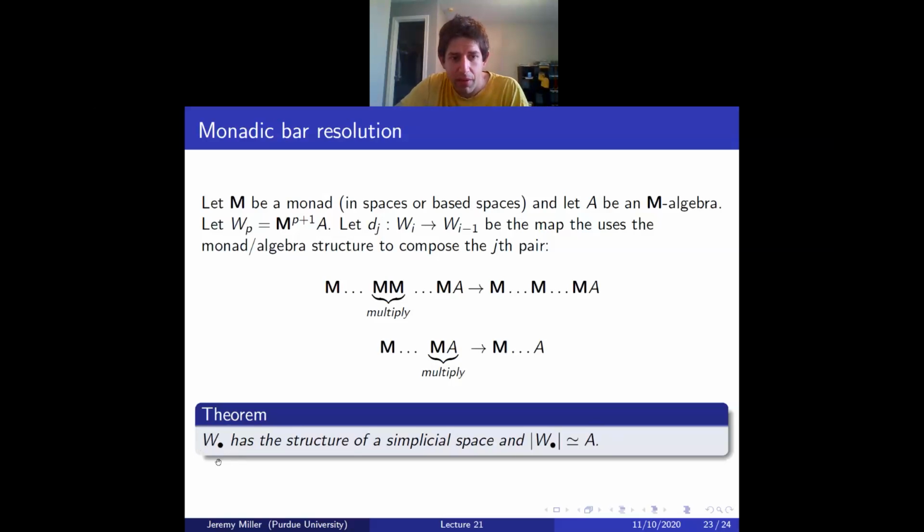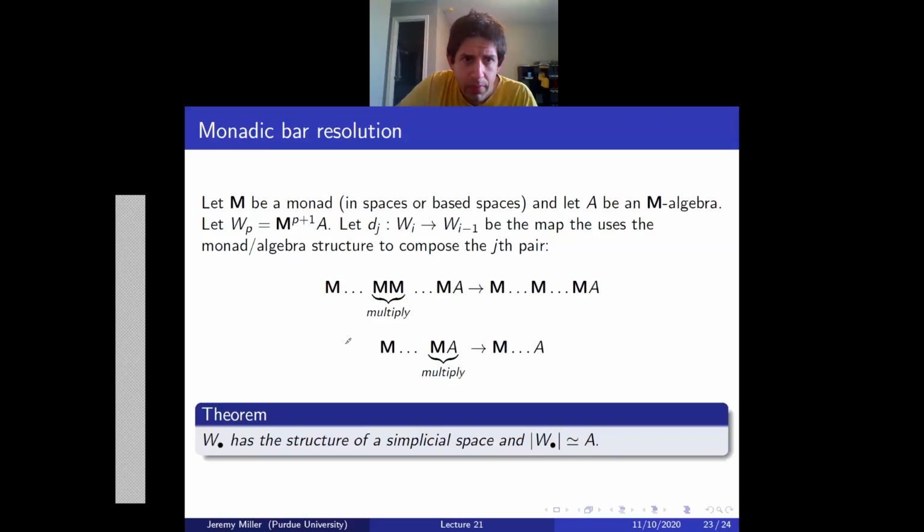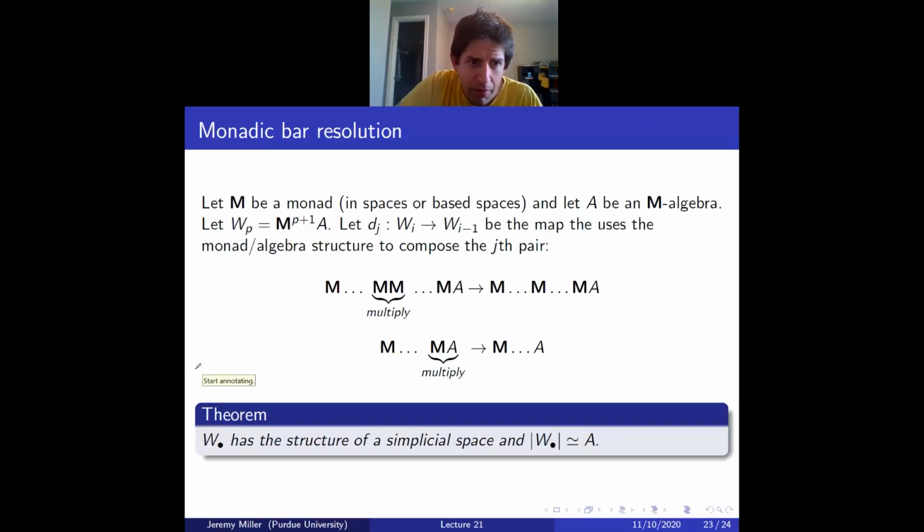So we're thinking of this W_* as a free resolution of A. And in fact, I'm going to often call this M^{•+1} A, because the space of p-simplices is going to be M^{p+1} A.